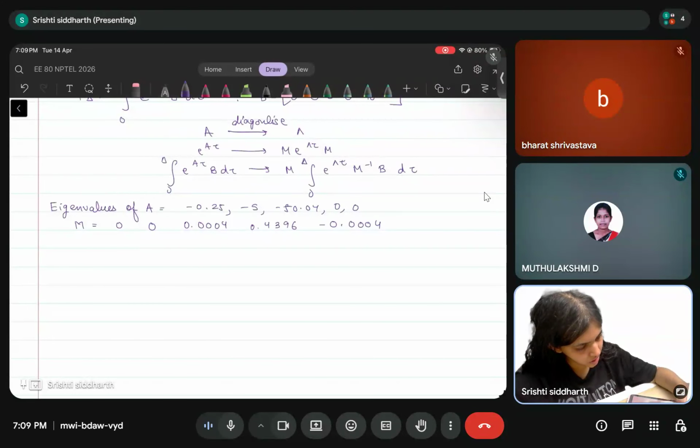This is M inverse. So the transformation is lambda is given as M inverse AM. This entire A is M lambda M inverse.